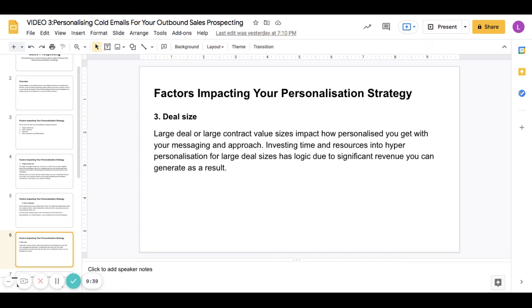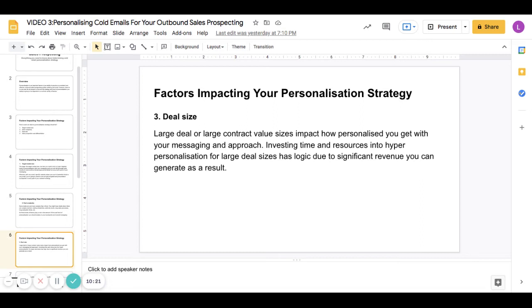And it makes sense with that kind of deal size to spend a bit more time and resources on how you can get more hyper personalized, either for each touch point or each specific company, because there's going to be a significant amount of revenue you can generate as a result. The revenue you can potentially generate with a huge deal size should correlate almost with the time and the resources you can put in, because you might only need 1 or 2 deals per quarter.